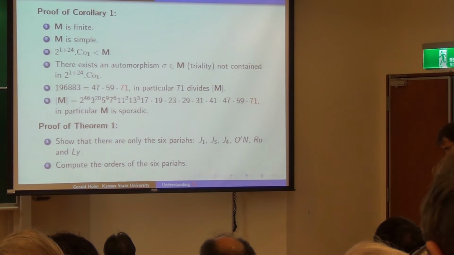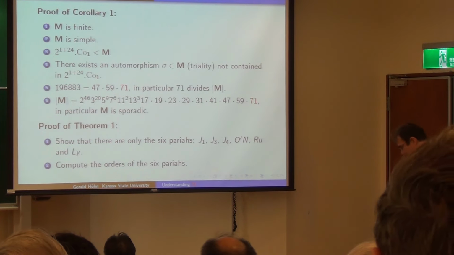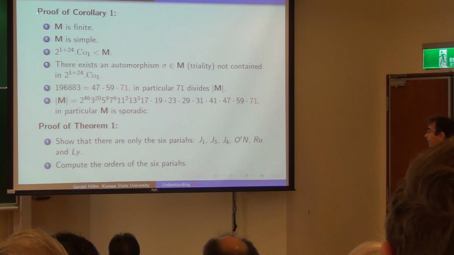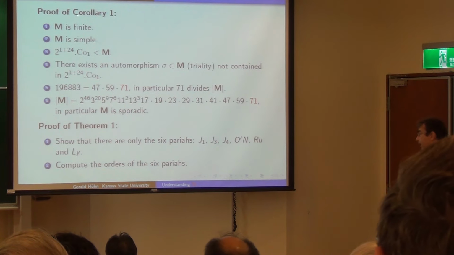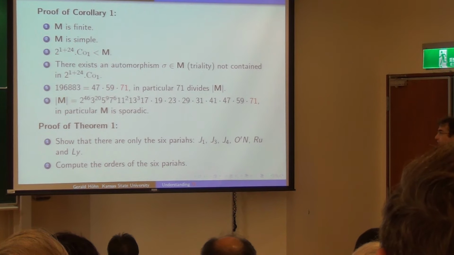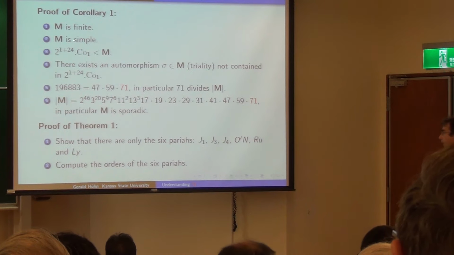So for corollary 1, if one has constructed the algebra and if G is its automorphism group, then one first has to show that it's finite. This was relatively hard originally, but now with the help of vertex operator algebras, this is better understood.